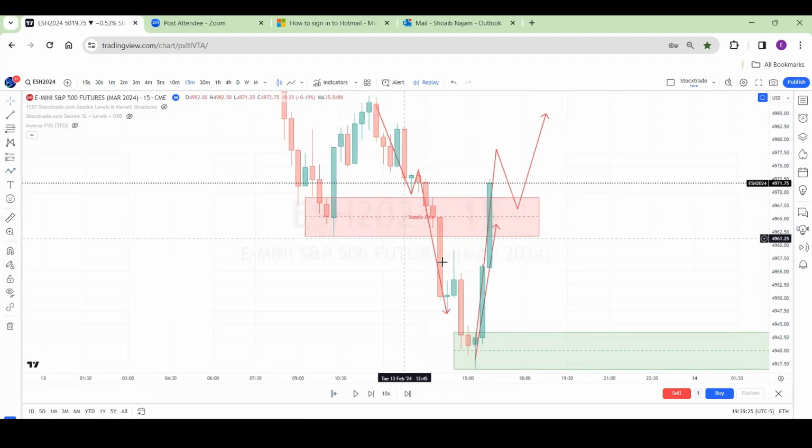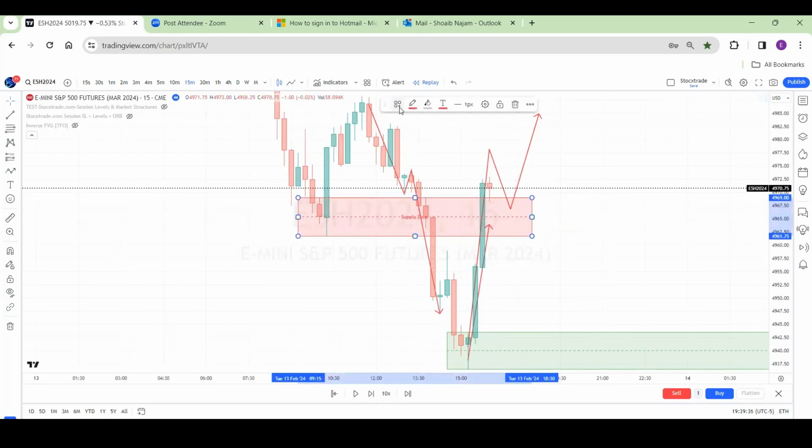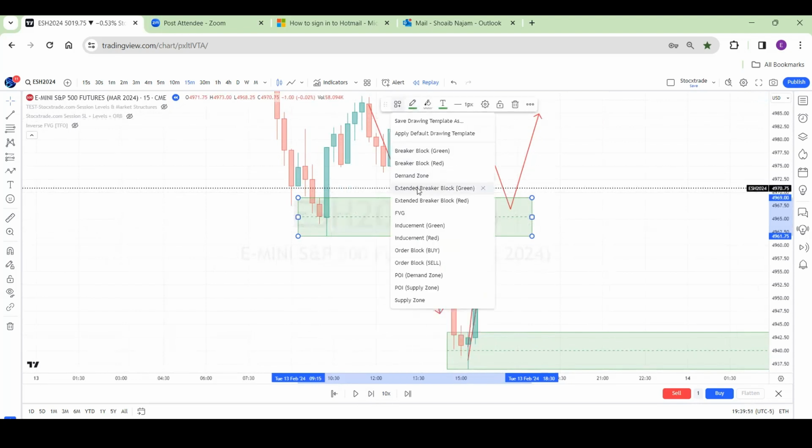Okay. So now it is acting as a supply zone, but the candle has closed above this supply zone. Now this area will act as a demand zone, but if you see, in the first go it did not act properly. So this demand zone is basically my extended demand zone or extended breaker block.